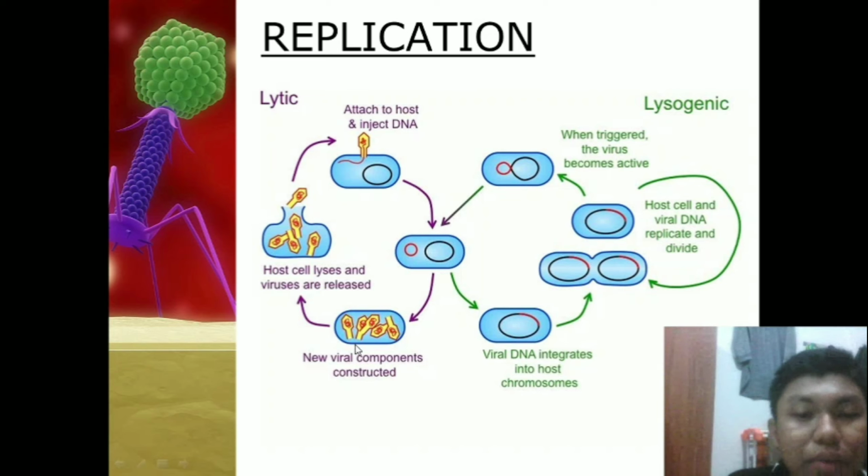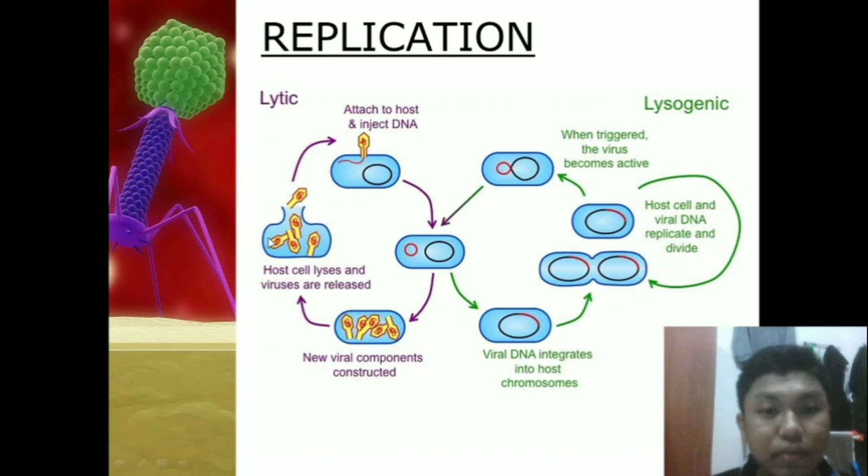If the new viral components are constructed, they make another virus, so it can multiply or duplicate. Host cell lyses and viruses are released, and then the host cell, or as we call it bacteria, is lysed, is broken, and then the virus can come out.